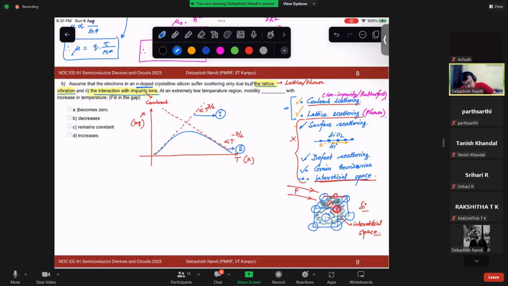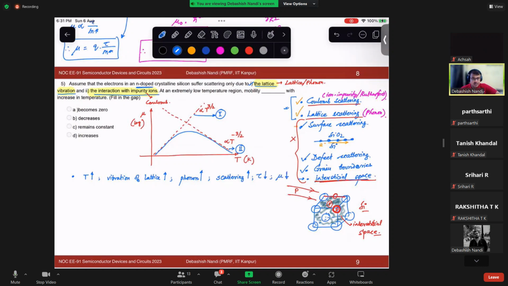Let's say the temperature increases. Vibration of the lattice increases, that means the number of phonons increases, that means scattering increases. If scattering increases, your mean free time decreases, that means your mobility decreases.